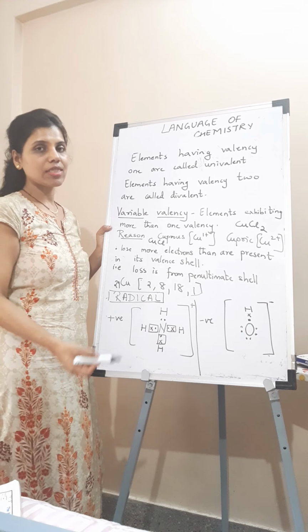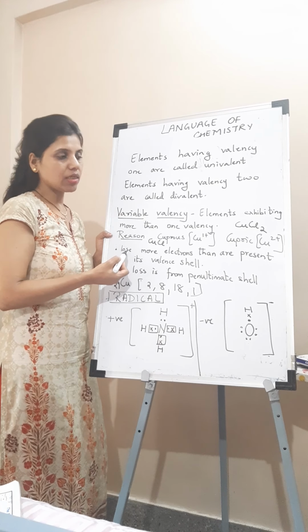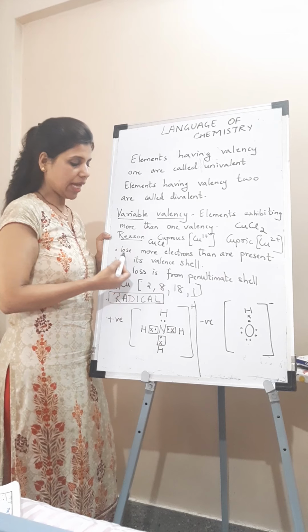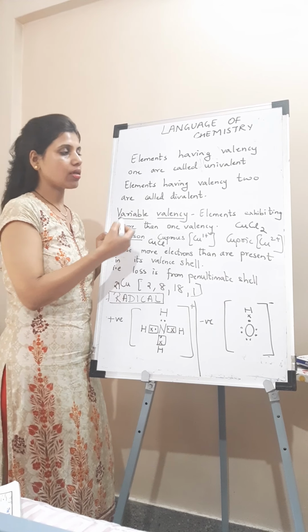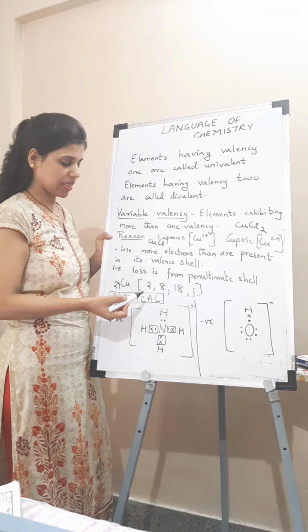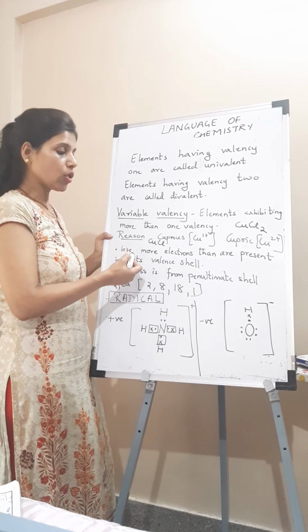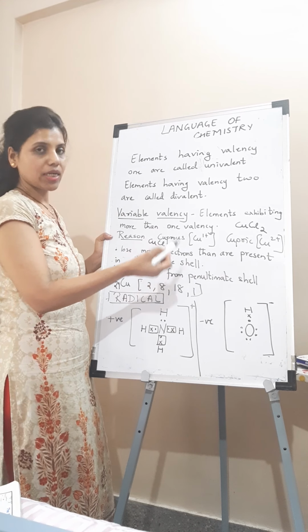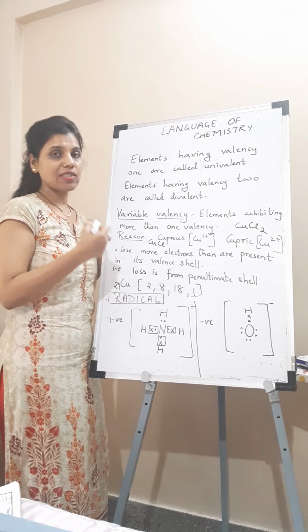So how is this possible? Now here it's written that the reason for copper showing variable valency is that it loses more electrons than are present in the valence shell.